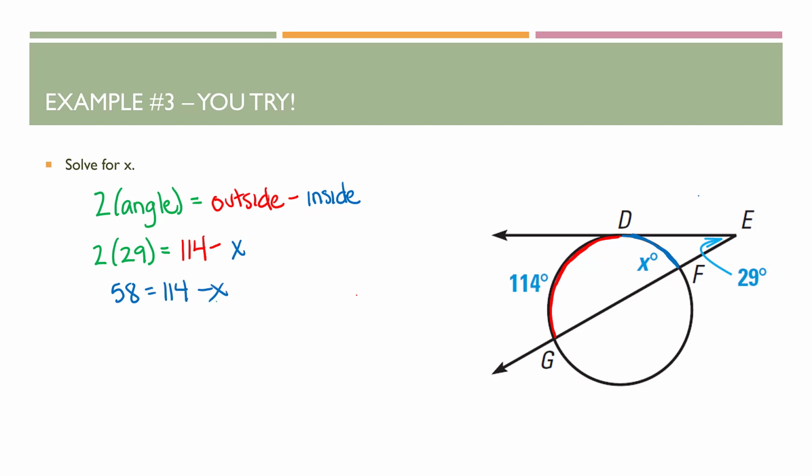And then we're going to subtract 114 from each side. So negative 56 equals negative x. Divide by negative 1. 56 equals x. So if you didn't get x equals 56, make sure you hit rewind and revisit this problem so that you can find where the error was so you can learn from that mistake.